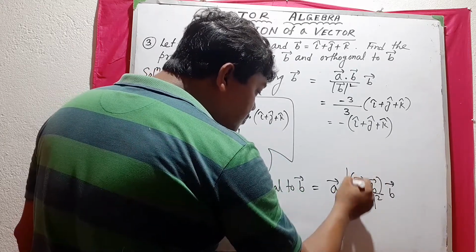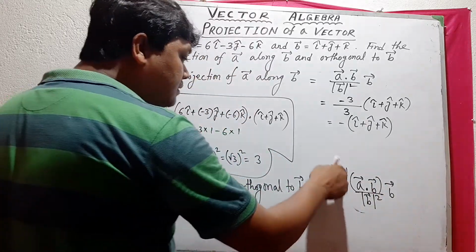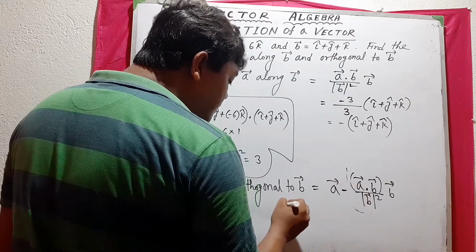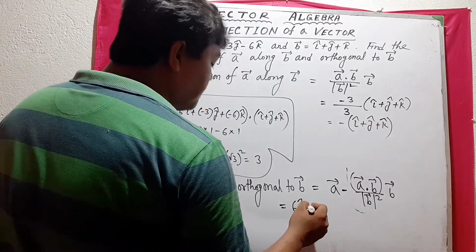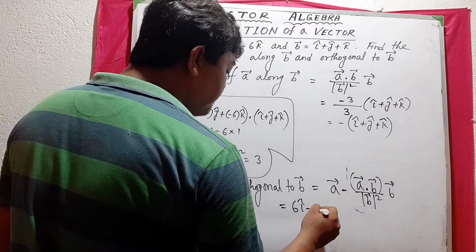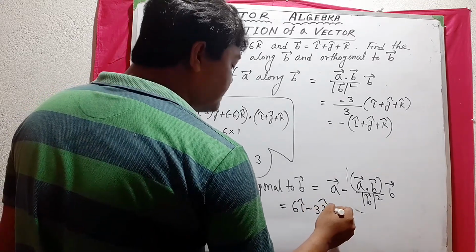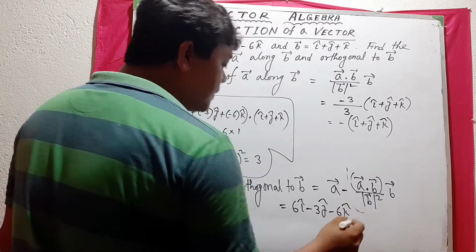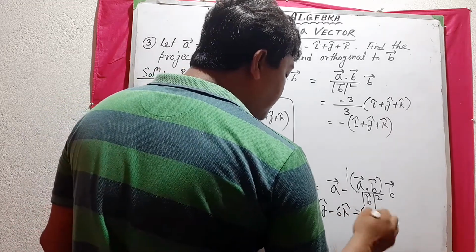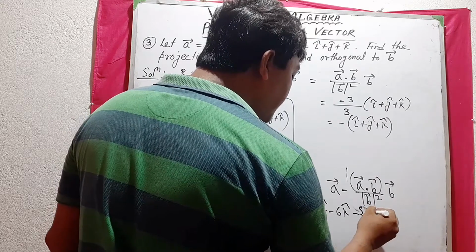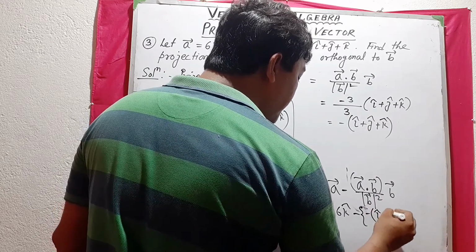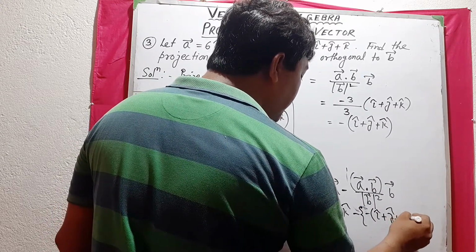তো এই পোরশনটা তো আমরা অলরেডি ক্যালকুলেট করে ফেলেছি। So a vector is given to you, that is 6i cap minus 3j cap minus 6k cap minus of minus i cap plus j cap plus k cap.